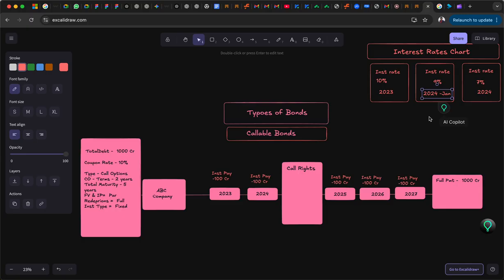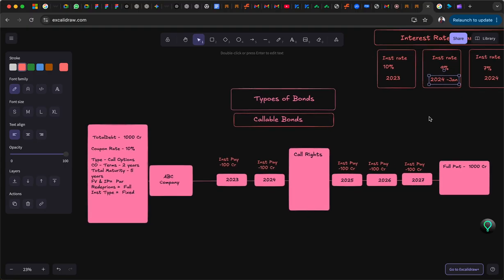So instead of paying 100 crores interest every year, as a cognizant businessman, what you can do is exercise this right, and buy bonds from the market.